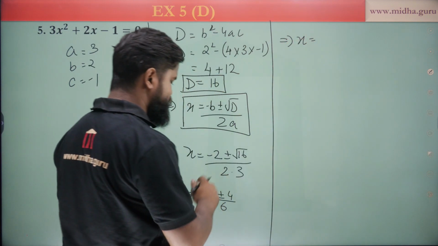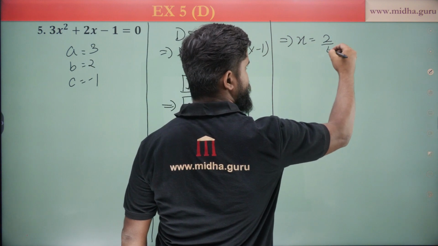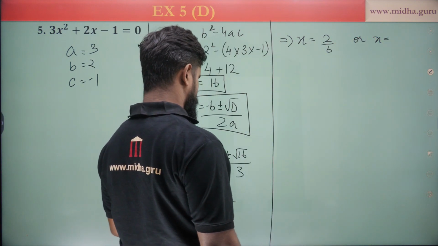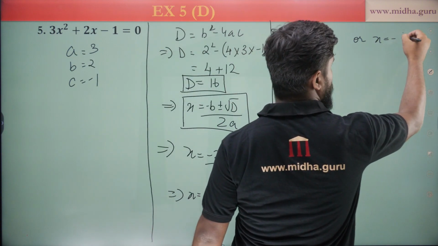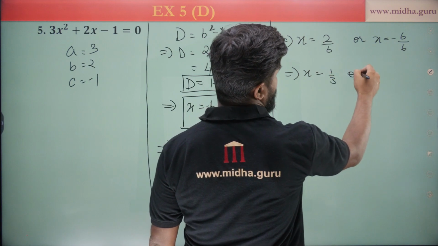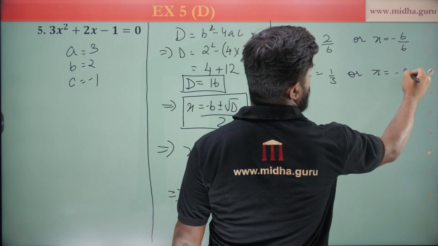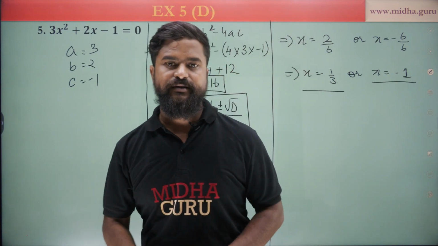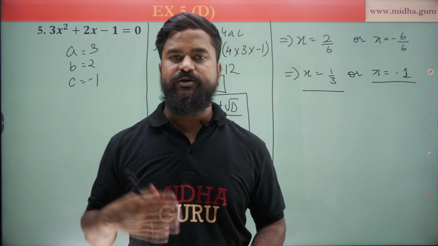So x is equal to minus 2 plus 4, which will be 2 by 6, or x is equal to minus 2 minus 4, which will be minus 6 by 6. So x is either equal to 1 by 3 or x is equal to minus 1. And these are the roots for the given quadratic equation. Moving on to the next problem.